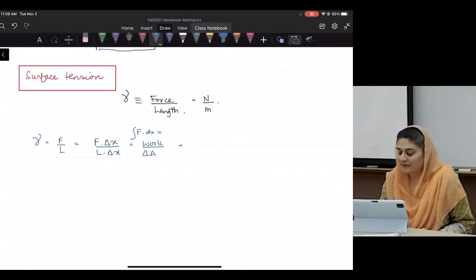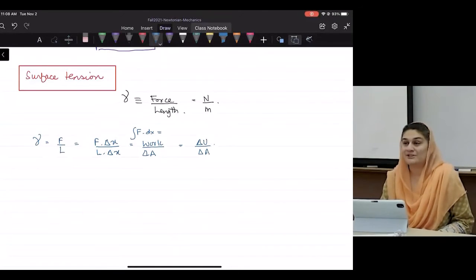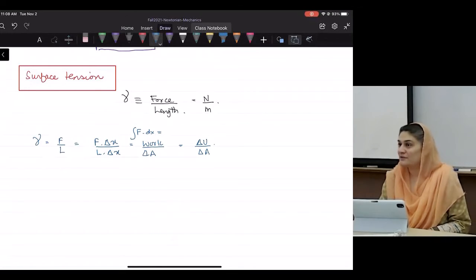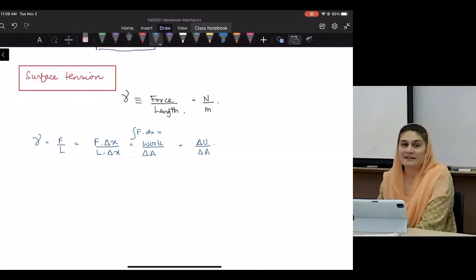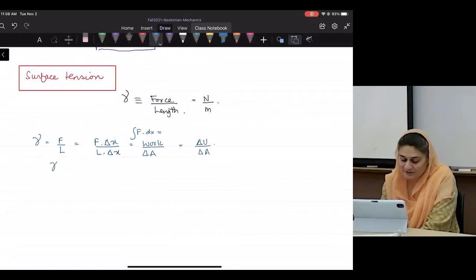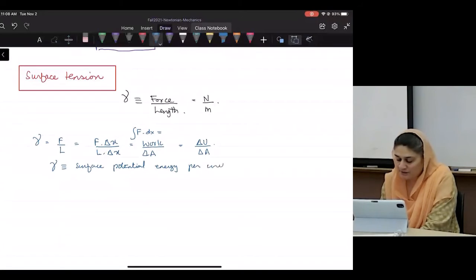Can I then write this as delta U over delta A? Is work equal to potential energy? Work-kinetic energy theorem, work and potential energy, they're all related. So gamma can also be defined as surface potential energy per unit area.